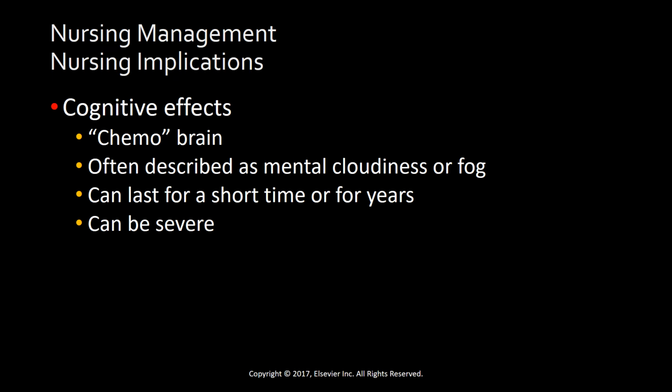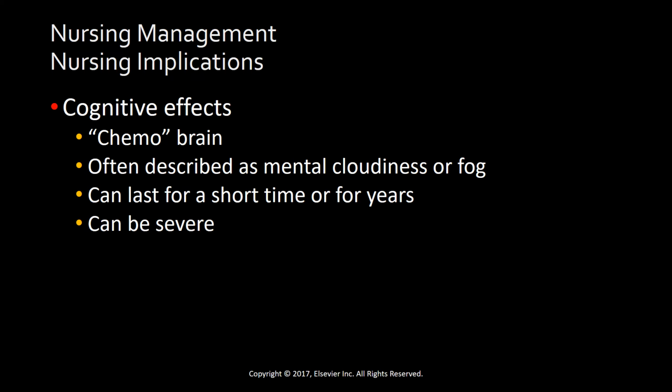Cognitive effects can occur at any time during cancer. These changes can also occur after treatment. The change in mental function, which patients often describe as feeling like they're in a cloud, is commonly called chemo brain.